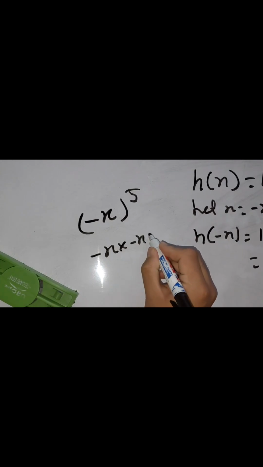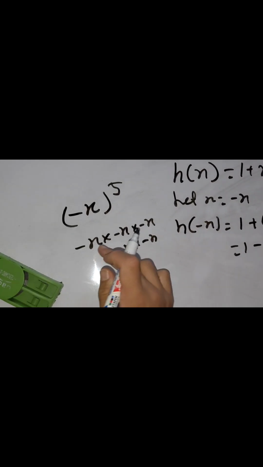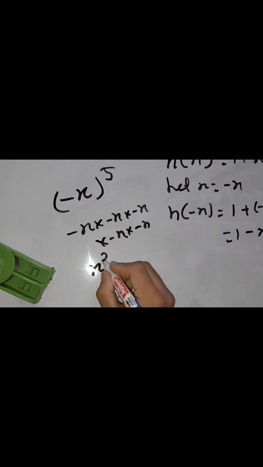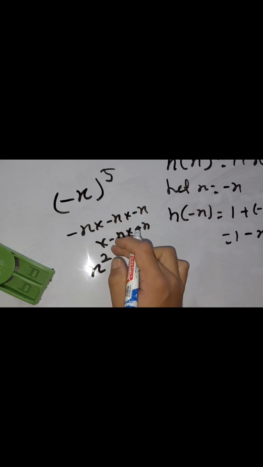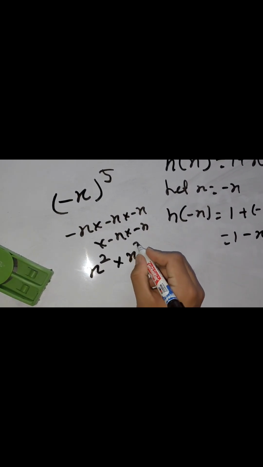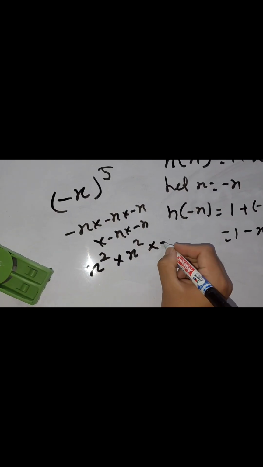About minus x to the power 5. So minus x times minus x times minus x times minus x times minus x. Minus x times minus x will be x squared. Again, x squared times x squared, you're left with minus x.